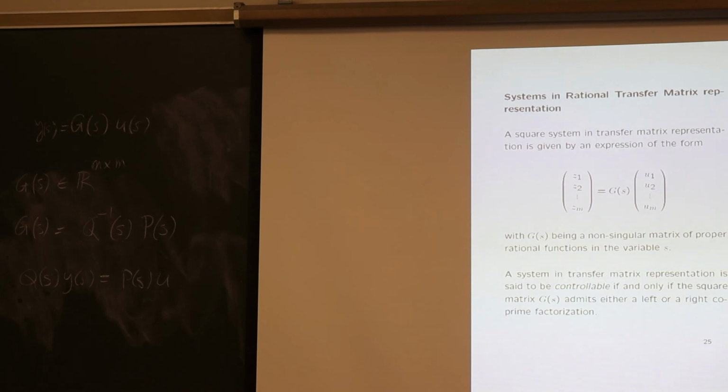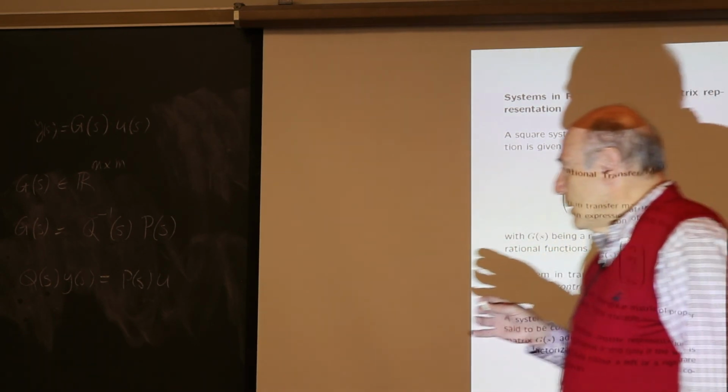So in that particular representation, we will say that the system is controllable if and only if the matrix G admits either a left or a right coprime factorization.